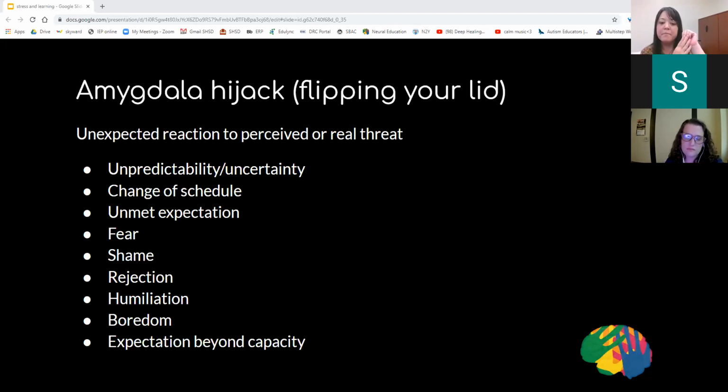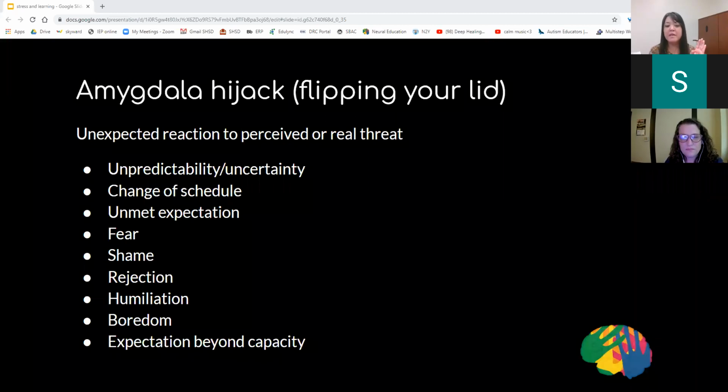So this happens when we perceive life-threatening danger, but this can also happen sometimes for smaller things, right? For things like if, let's say, your child expected a friend to come over and something happened and then the friend wasn't able to come over, your child might experience amygdala hijack.